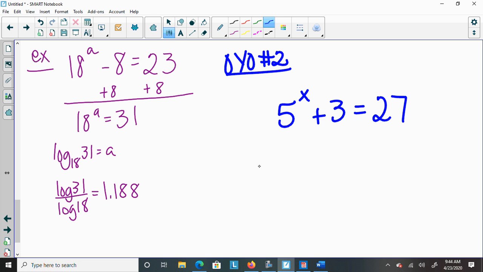Okay, so 5 to the x plus 3 is equal to 27. Give that a go. Remember, you have to get rid of the 3 first, then rewrite it as a log and put it in your calculator to evaluate. I want you to tell me what x equals, and you'll answer it when the question pops up. All right, and one last problem.